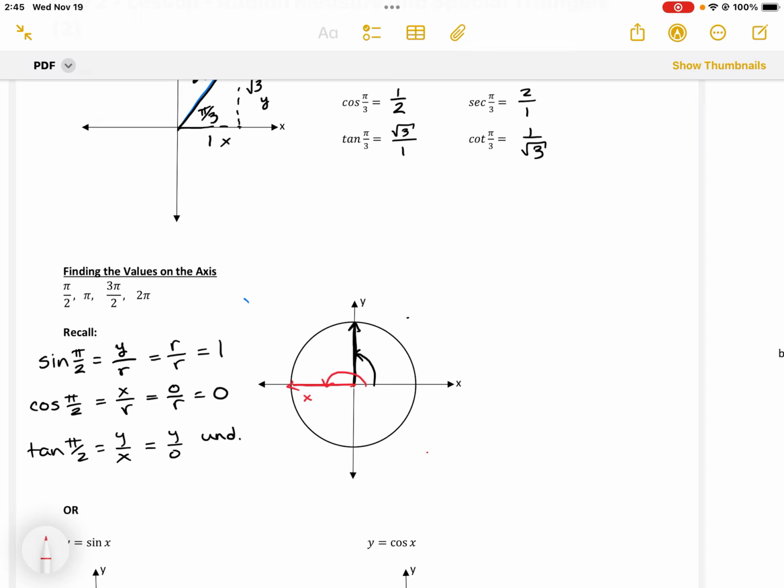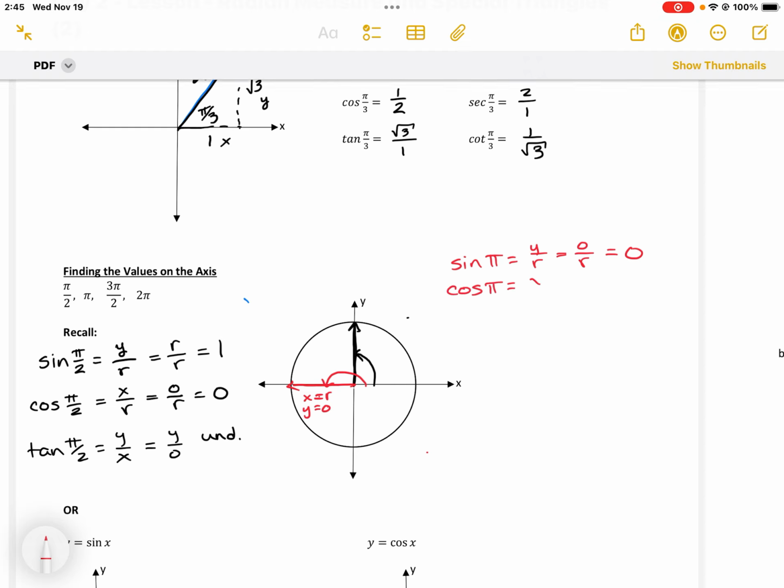We can write that up over here. X is equal to r, y would be equal to 0. So the sine of pi would be y over r, which is 0 over r in this case, which is going to be equal to 0.